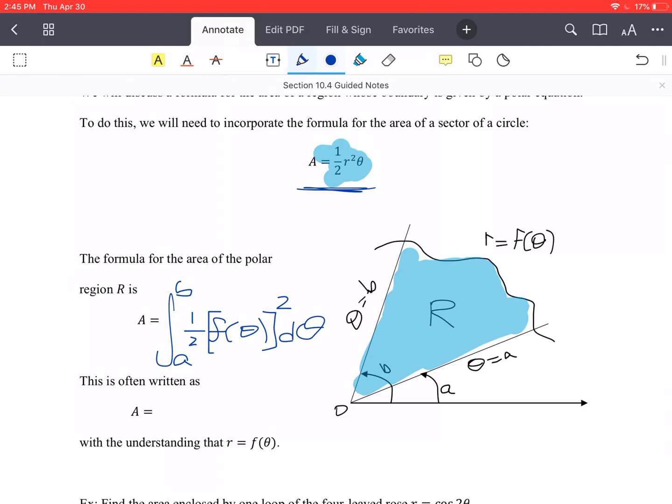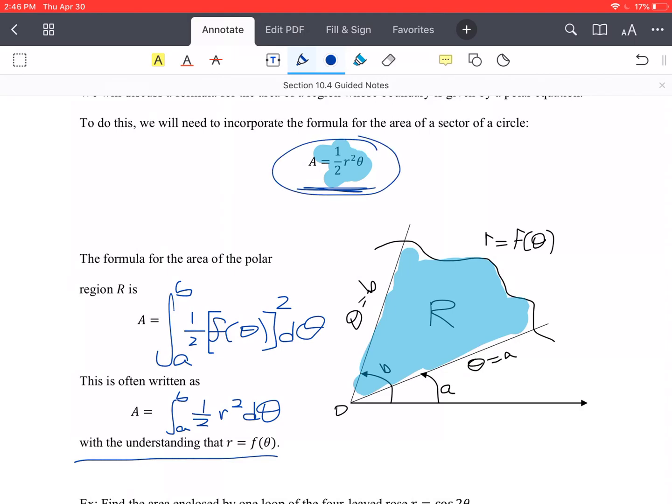We usually like to use the shorthand because we don't like writing things very much in math. So we go from A to B, and this is usually written 1/2 r squared d theta, with the understanding that r is a function of theta. These two mean the same thing, just one of them we write r, one of them we write f of theta.